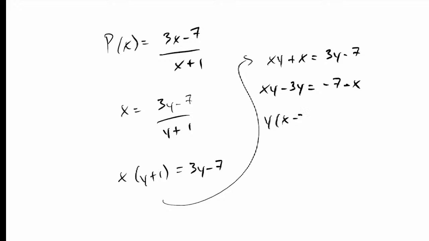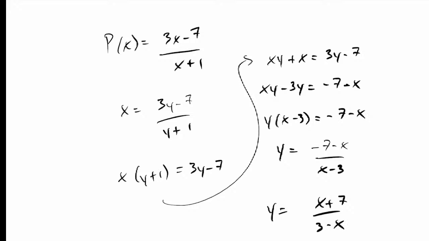Factor that y out. Divide by y. And I get x plus 7 over 3 minus x. I'm getting this for the inverse for this one.